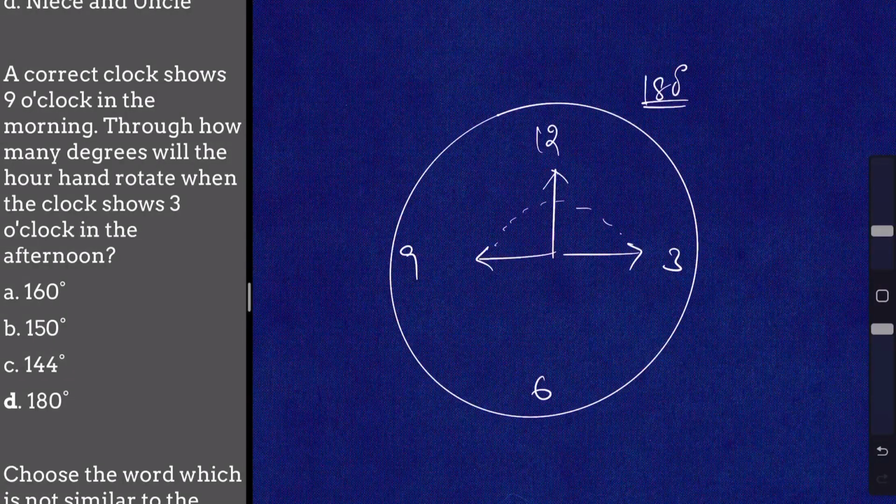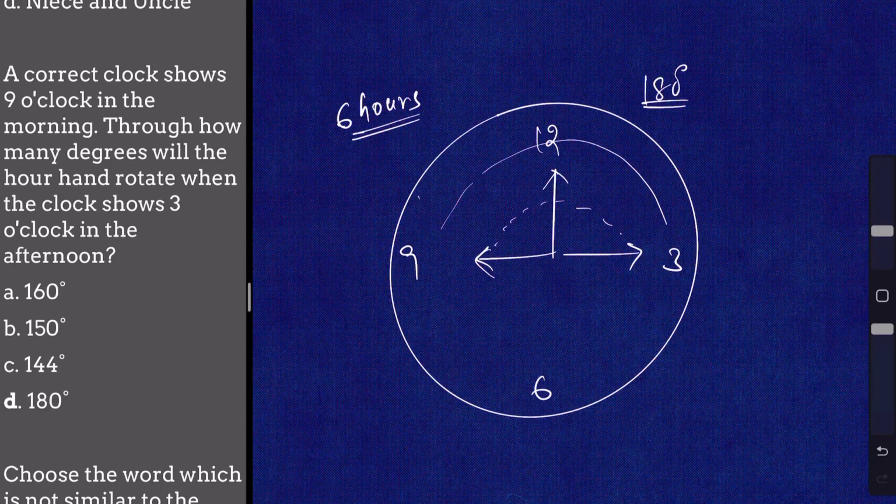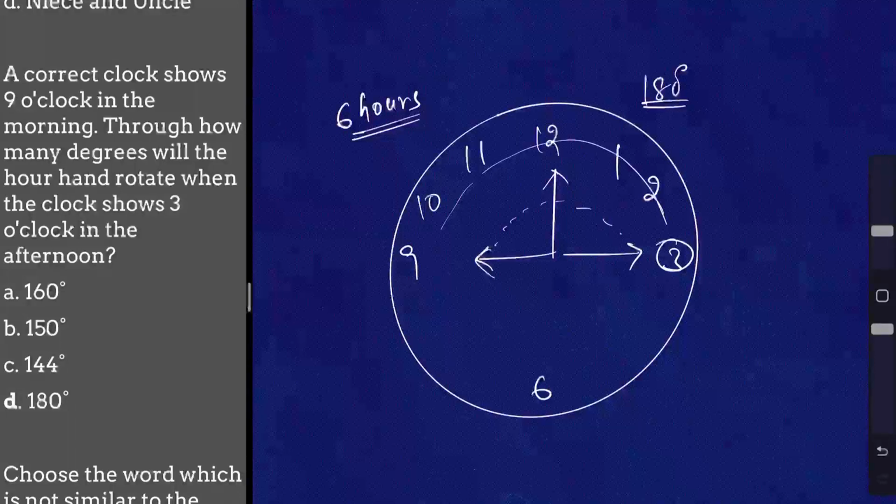Now, how do we know it's 180? Of course, if you look at the diagram only, you can make out. Or if you do not want to trust, then you can check the number of hours between 9 and 3. It is nothing but 6 hours. So the hour hand, which is at 9, has to move 6 hours. It has to go to 10, 11, 12, 1 and 2, and only then it will move to the 3 o'clock time.